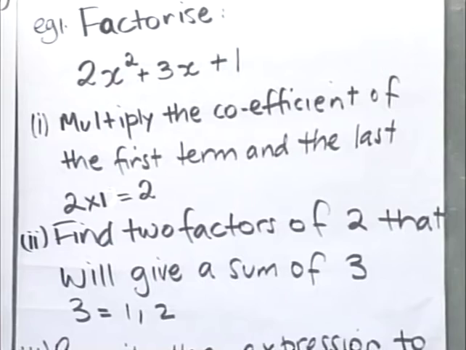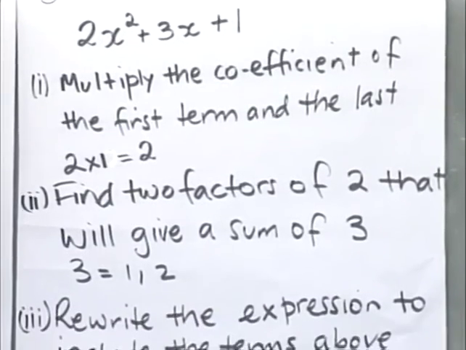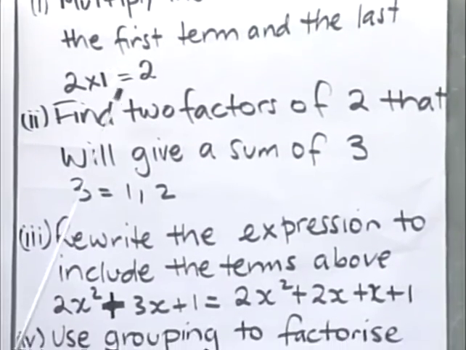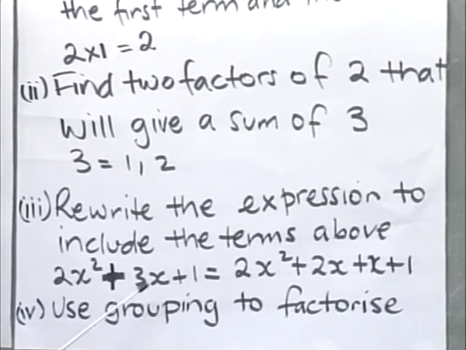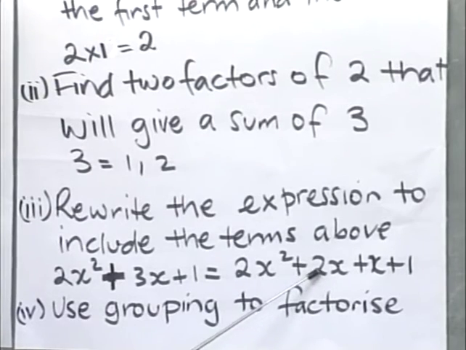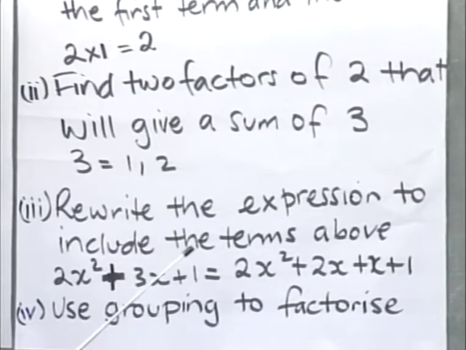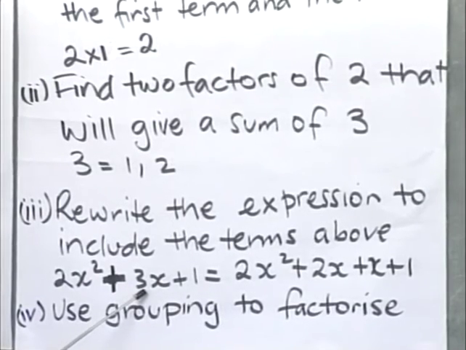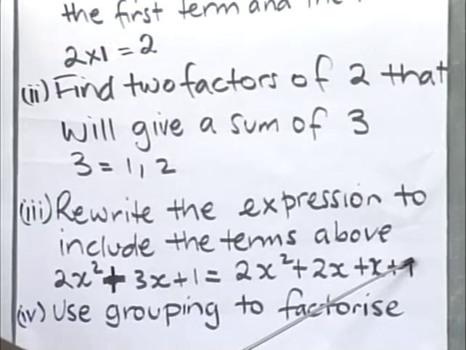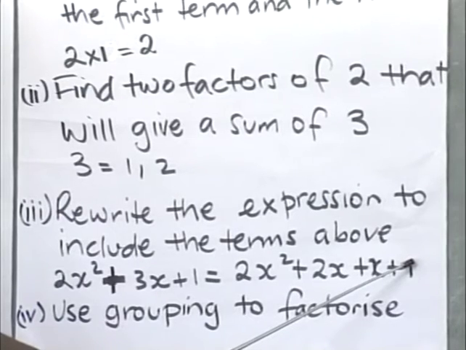The third step, you rewrite the expression to include the terms that you found above. So you rewrite 2x squared plus 3x plus 1 as 2x squared plus, I have now included 2x and 1x. 2x and 1x will give me 3x. And then plus 1. Clear so far?